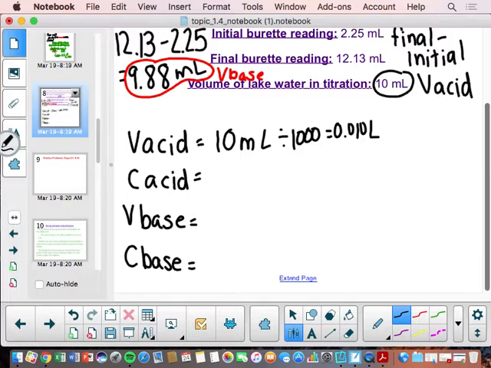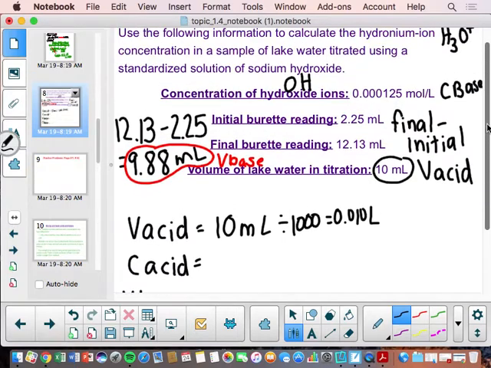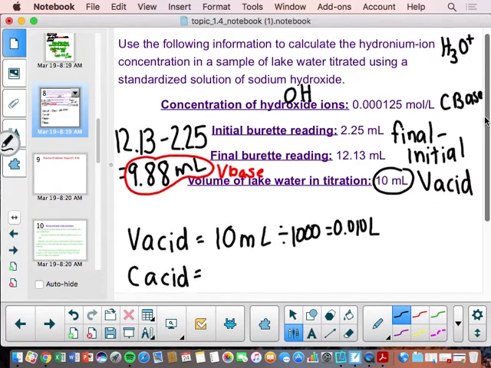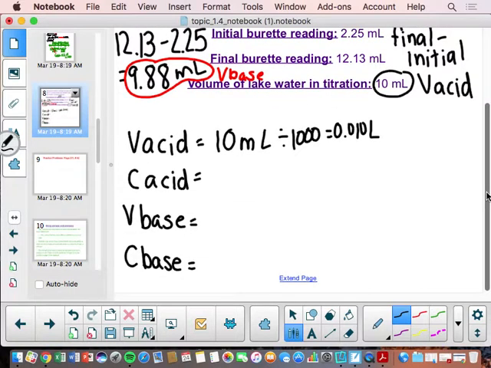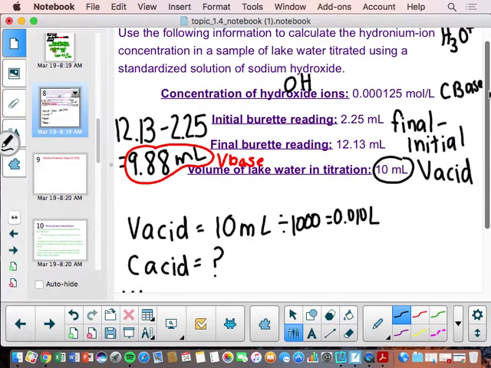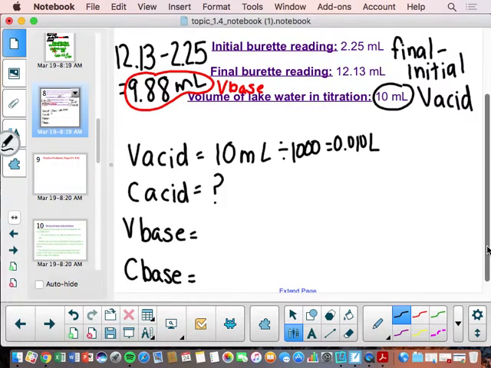Our C acid, we go back to up here. Do I have a C acid? That's what we're trying to find out. So we don't actually have that. That's our missing piece. So I'm going to put a question mark. Our V base, the volume of our base, we calculated it, right? 9.88. So we write that down here, 9.88. We need to change that to liters as well.